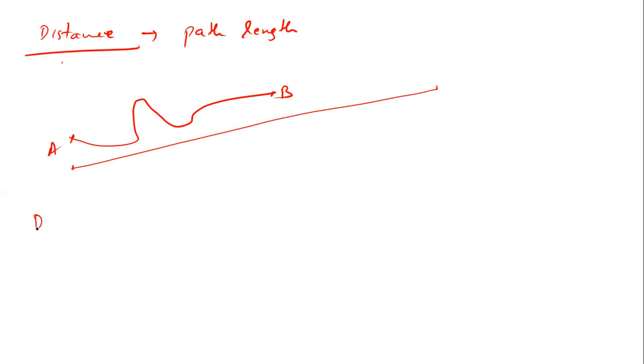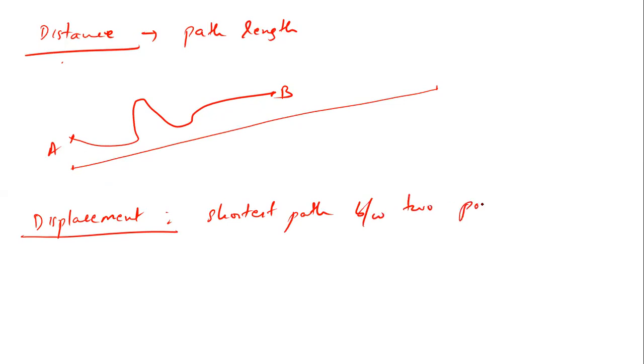The next is about displacement. Displacement is nothing but the shortest path between two points. So you take this point A, which is your initial point, take this point B, which is the final point.